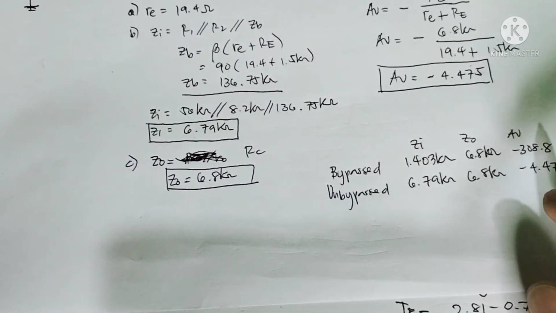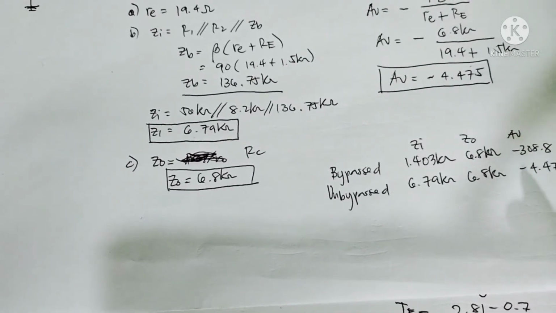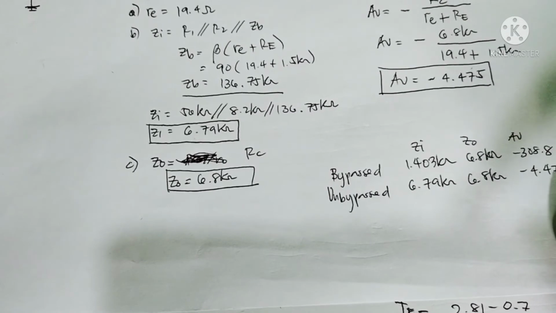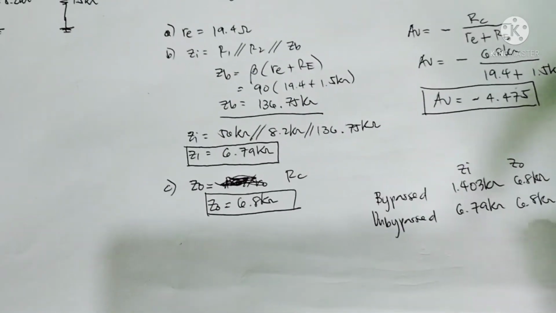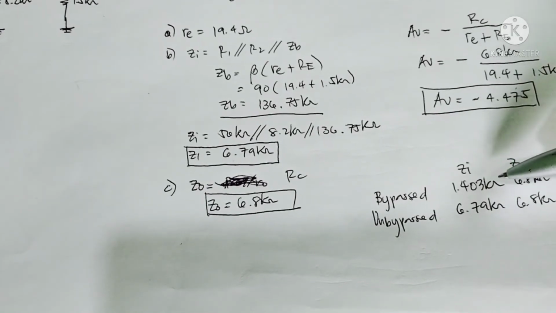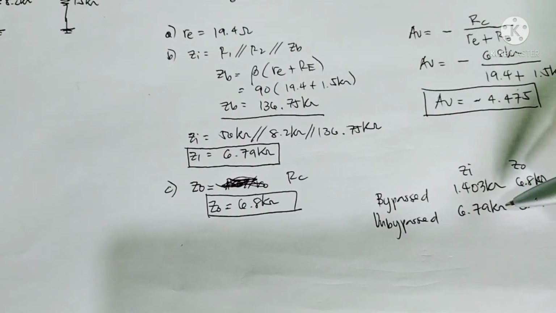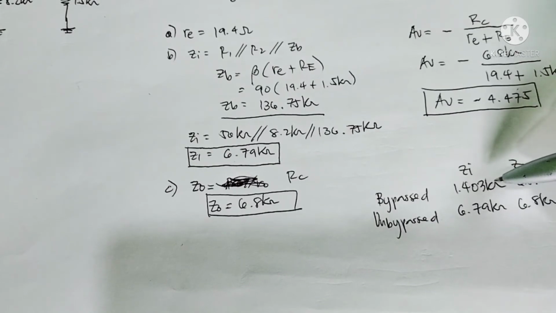For an ideal amplifier, the input impedance should be greater, so that the quality of the amplifier is up to standard. The unbypassed has a greater input impedance compared to the bypass voltage divider.